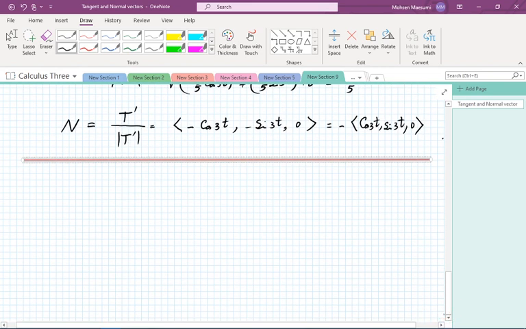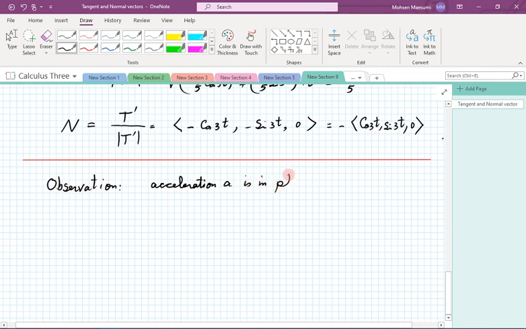So here is an observation that we are going to have, or sometimes you call it a theorem if you want to make it mathematical. We have a very significant observation here, which is: acceleration A is in the plane of T and N. Unit tangent vector and principal unit normal vector.